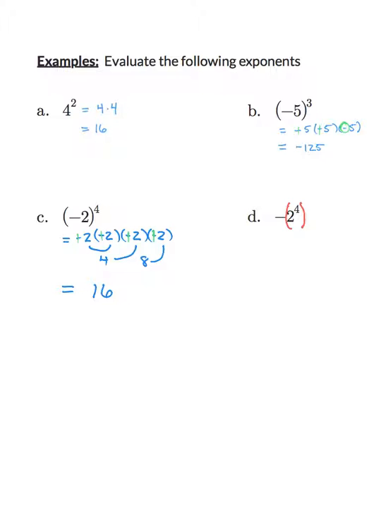So what we end up with is minus 2 times 2 times 2 times 2. We can multiply our 2's together. 2 times 2 is 4, times 2 is 8, times 2 is 16. And now, with this one, we do need to keep the negative with our final answer.